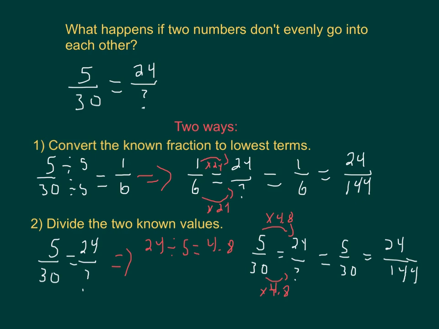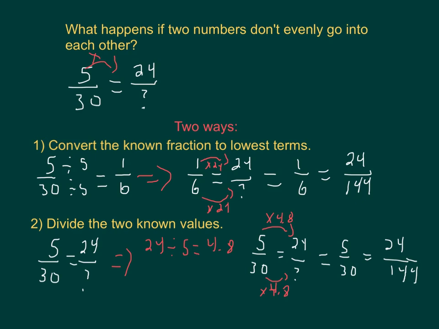Okay, quickly here, one side note before we stop for the day. The question came up was, what happens if 2 numbers don't go evenly into each other? So using our method from before, we always ask ourselves the relationship. Well, 5 times what got us 24?